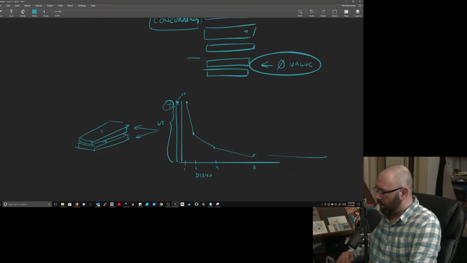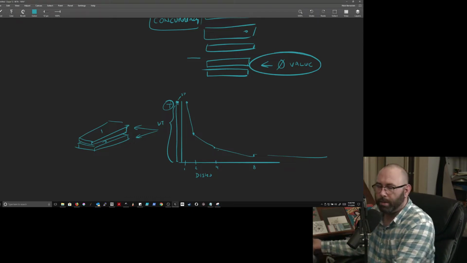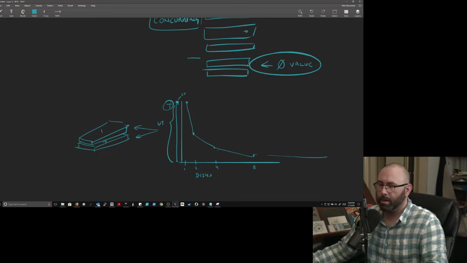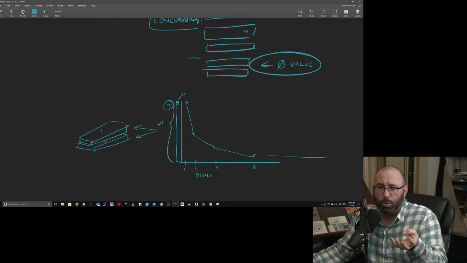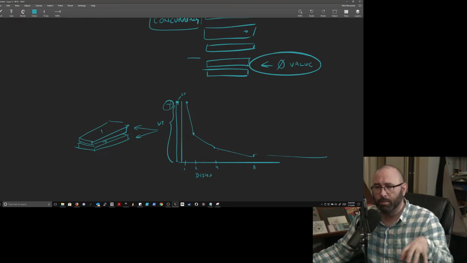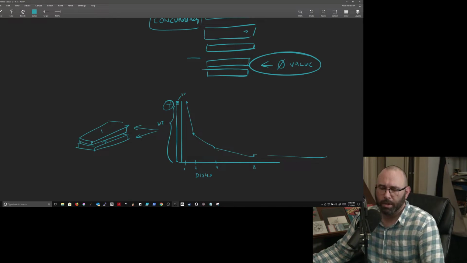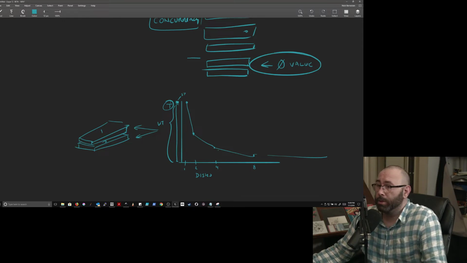So anyway, that's a really common thing that comes up when looking at performance analysis, looking at the different tools you're going to use to measure those things and how those fit within your system. I think in another video we'll talk about Little's Law, which is a way to figure out what your optimal queue depth is going to be, and what your average queue depth is probably going to be.